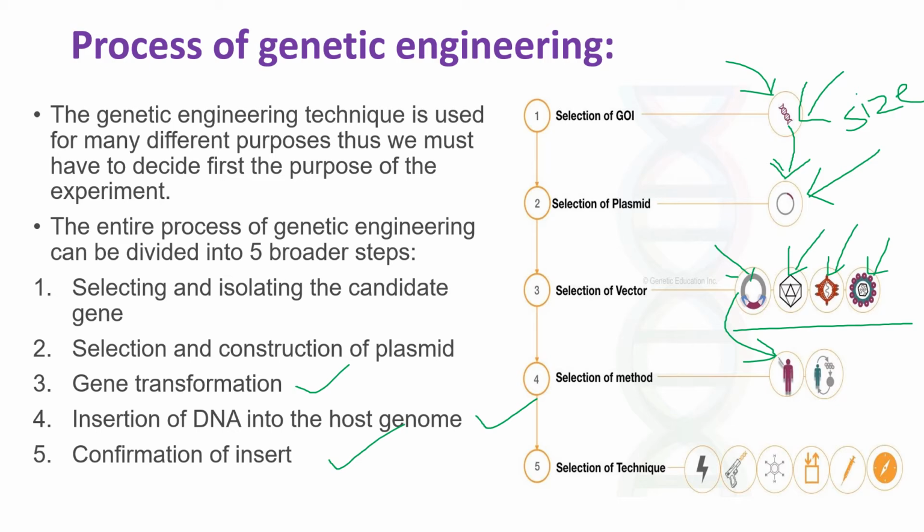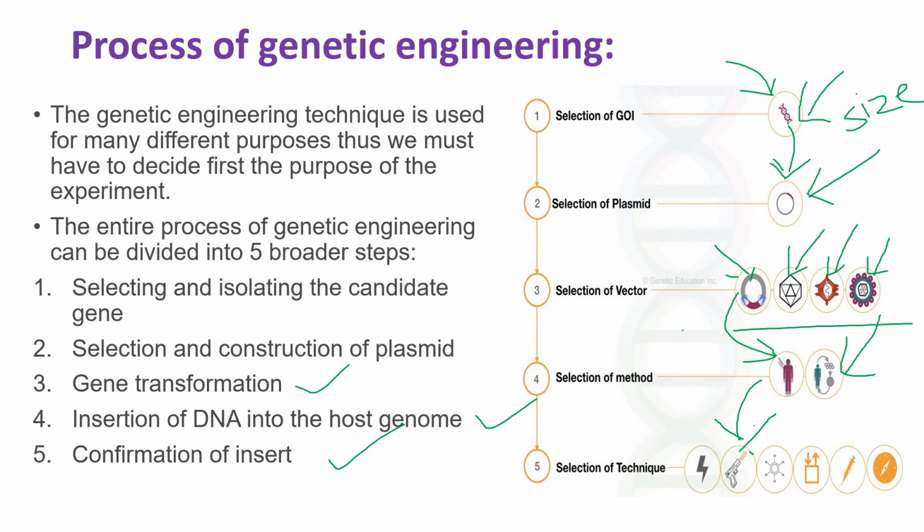So once you infect your host cells with that particular vector containing your gene of interest, finally you have to go for selection based on various techniques like genetic assays. Various assays are there to identify whether your gene is inserted or not.